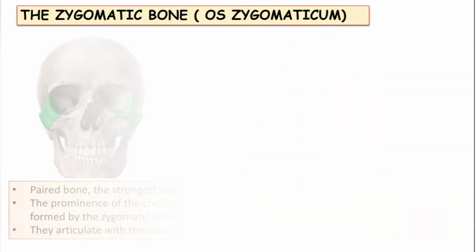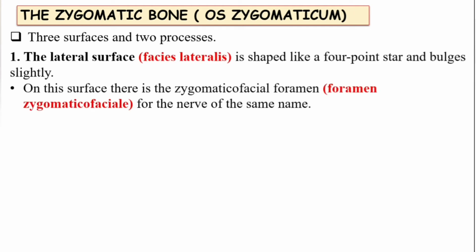The zygomatic bone has 3 surfaces and 2 processes. Let's start with the surfaces. The lateral surface, facies lateralis. The lateral surface is shaped like a 4-point star, and it bulges slightly. On this surface, there is a zygomaticofacial foramen, foramen zygomaticofaciale, for the nerves of the same name.